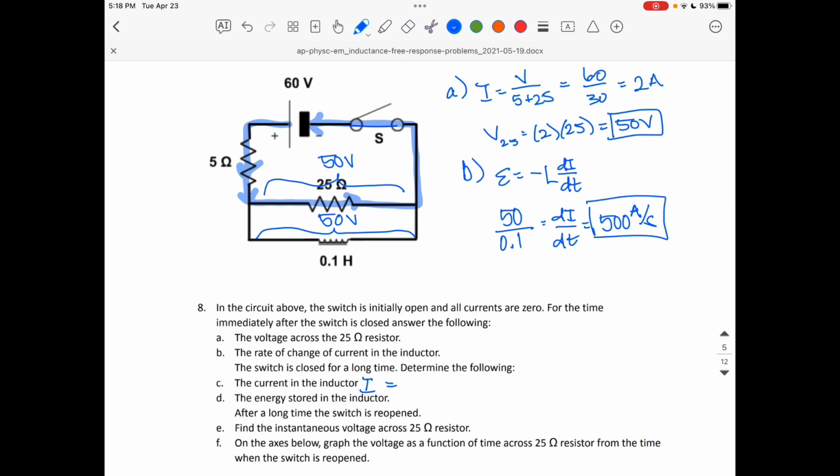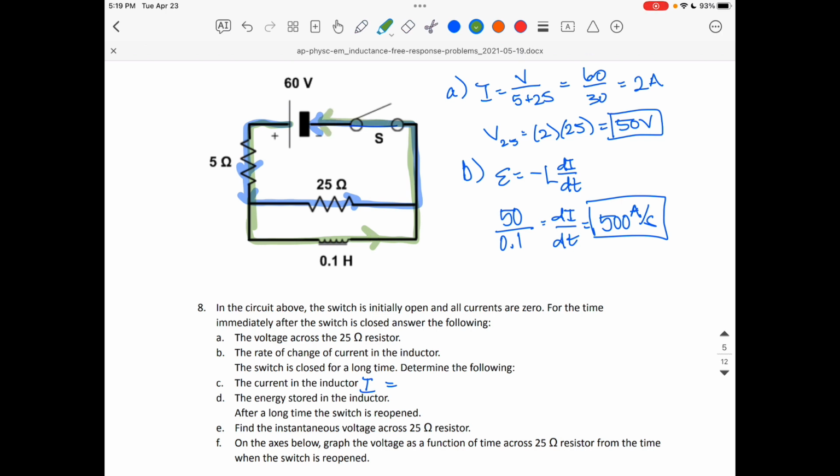Now the switch is closed for a long time. Determine the current in the inductor. So when the switch is closed for a long time, let me delete a bunch of this. We are going to treat the inductor as a wire, and that means that if I have no resistance here, I'm going to bypass the 25 ohm resistor right above it.